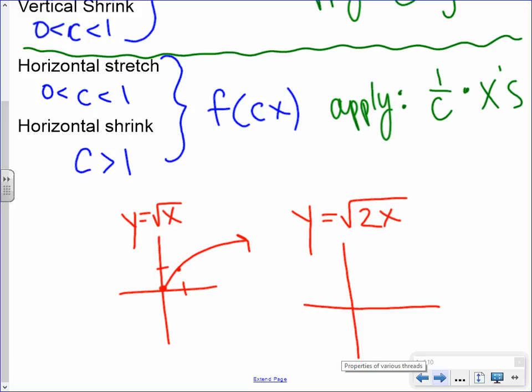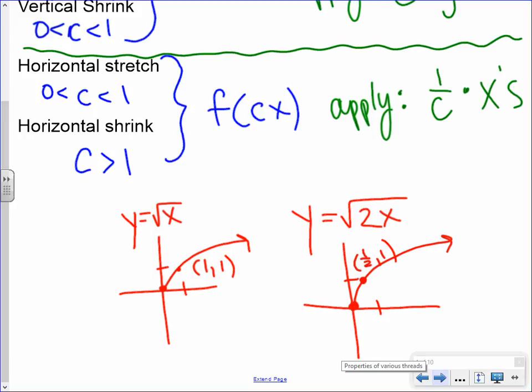And so horizontal shrink means we're squishing this way horizontally. So instead of our coordinate being at 1, 1, our coordinate would be at 1/2, 1, because we have to multiply the x coordinate by the reciprocal of that number. That way we actually get the shrink to happen. Does that make sense? Yeah.